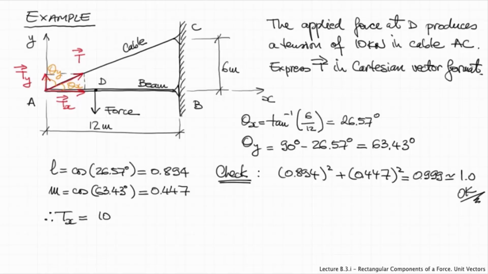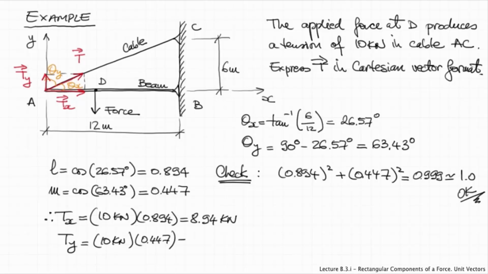Tx, the x component of T, will be equal to 10 kilonewtons times L, the direction cosine L, and hence the magnitude of Tx will be 8.94 kilonewtons. In a similar fashion, the magnitude of Ty, the y component of T, will be equal to 4.47 kilonewtons.